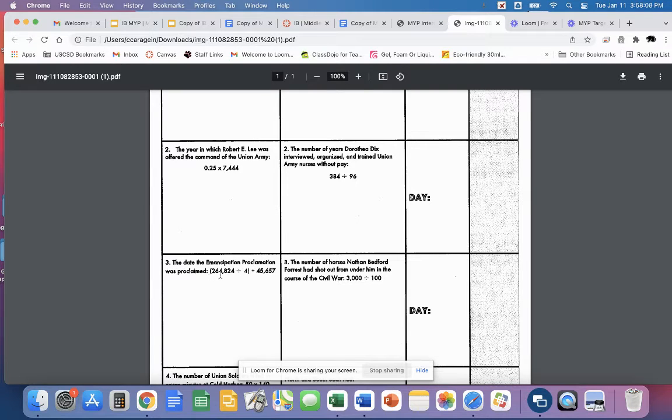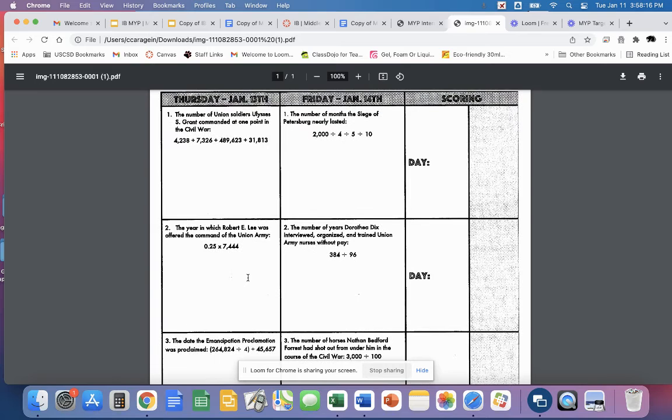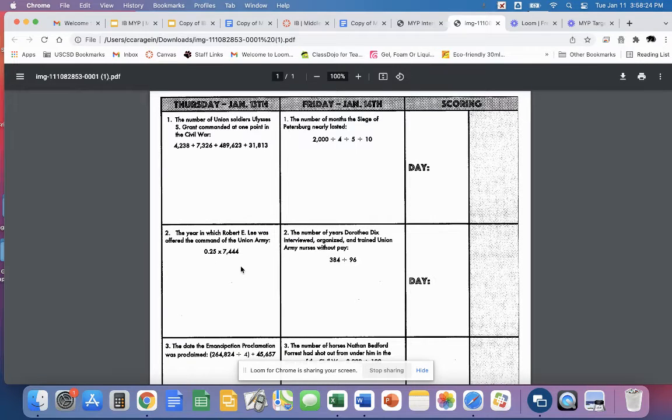When did Abe Lincoln proclaim that? When you do the mathematical equation, the kids will come up with January 1st, 1863. So that is something we talk about on that Thursday. Every day was something correlating with our Civil War unit readings for the week.